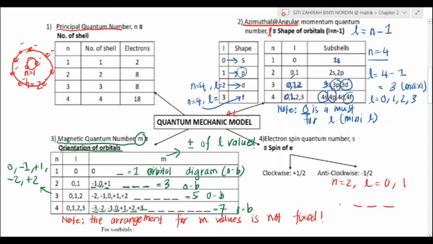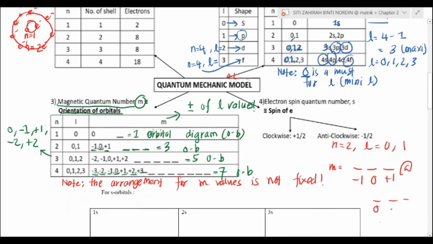M would be negative 1, 0 and positive 1, or it can be 0, negative 1 and positive 1, or positive 1, 0, negative 1. The arrangement for M values is not fixed. You can start with negative 1 first, or 0 or positive 1.